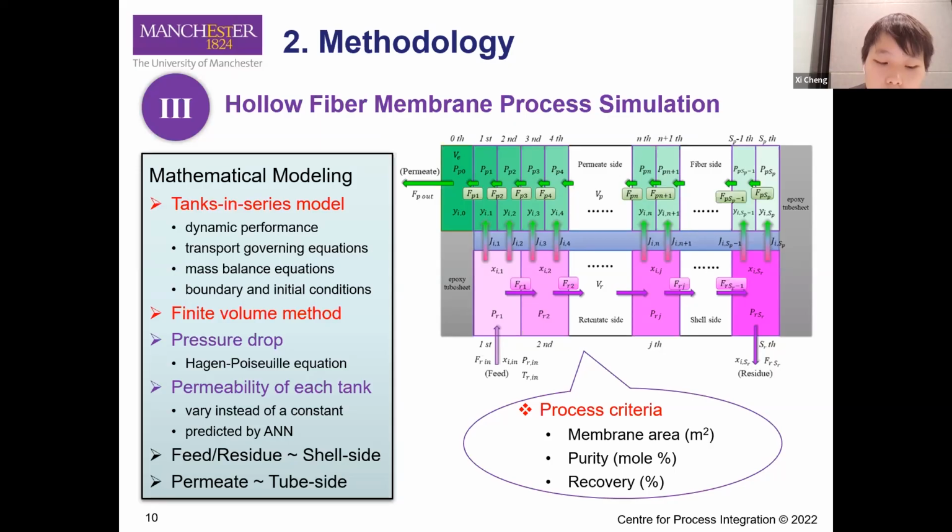The model includes the relationships governing transport across the membrane, the mass balance equations, the pressure drop equation, and the boundary and initial conditions. This mathematical model is simulated using the finite volume method, and the membrane area, the product purity, and the recovery are used to assess the process performance.